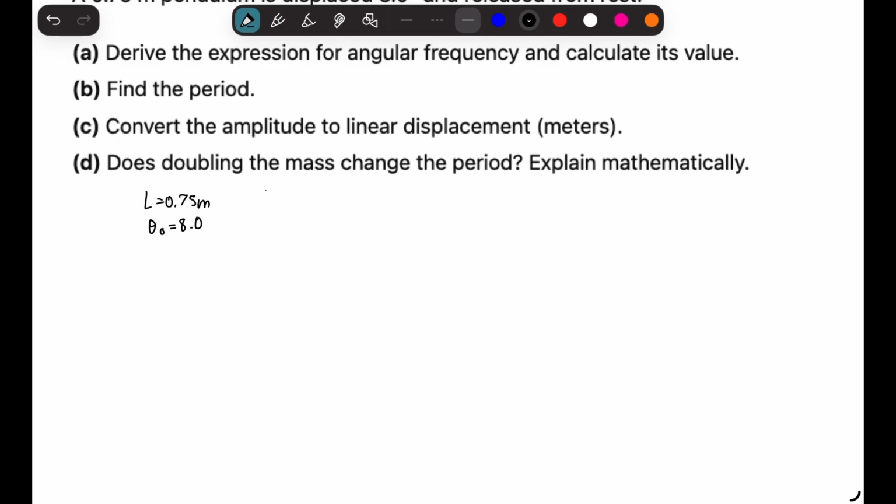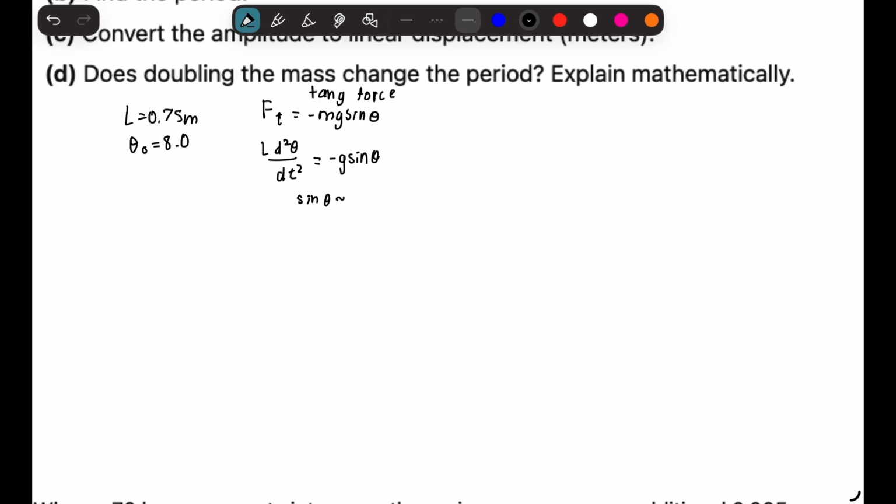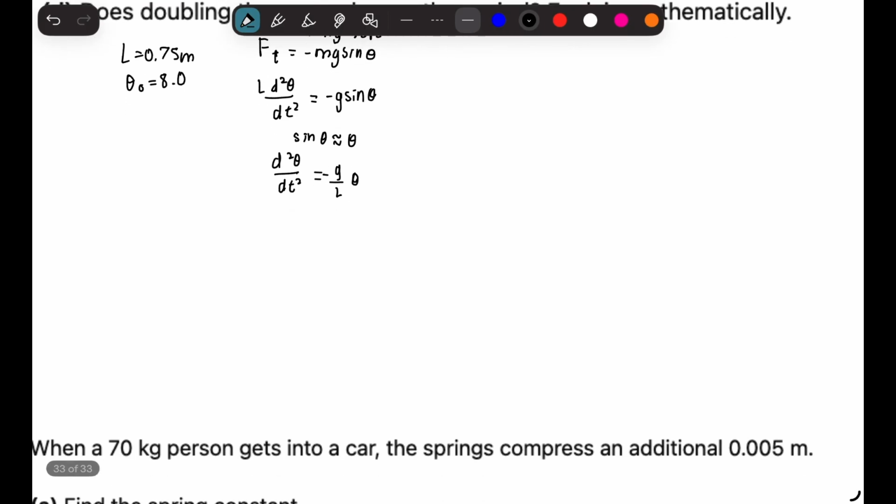So, like we did before, we have our tangential force. We want this in simple harmonic motion form. We know that this is equal to negative omega squared x, our relationship here.